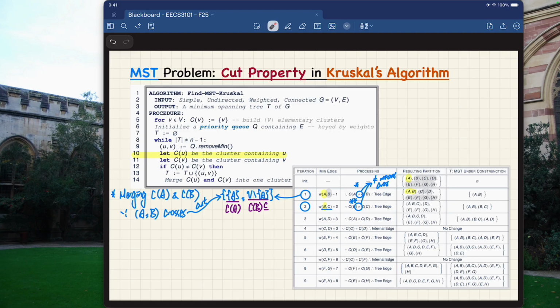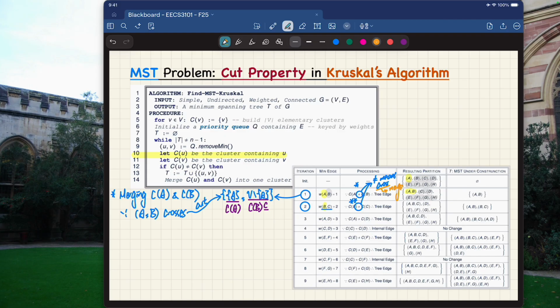But we'll see other cases where if C and D are already in the same cluster, we are not really crossing the cut. In that case, we cannot merge the cluster. Whenever we got a cross, that means we can merge.